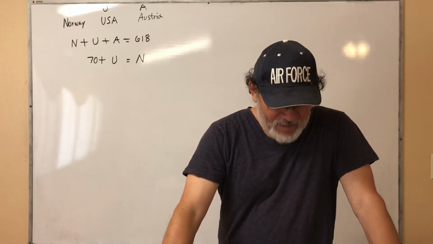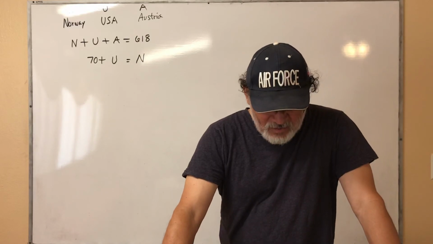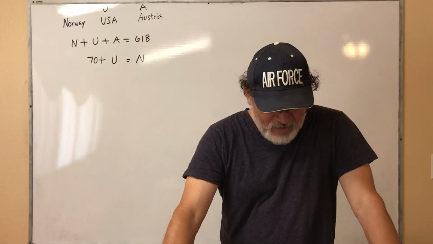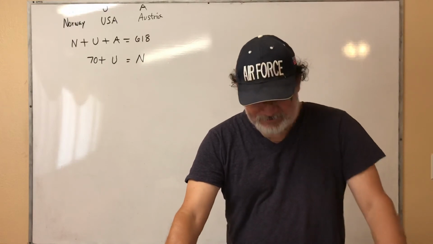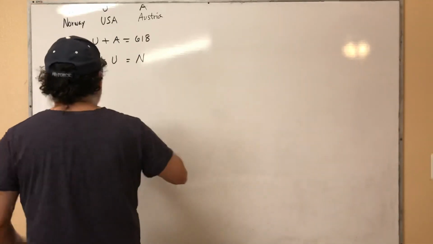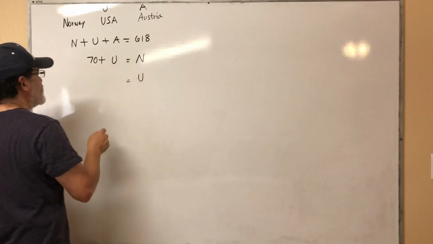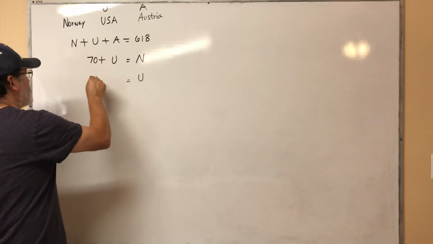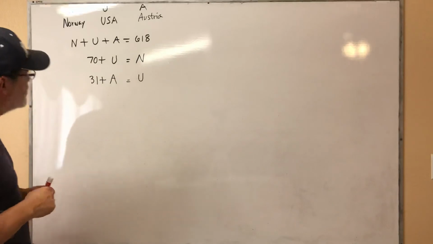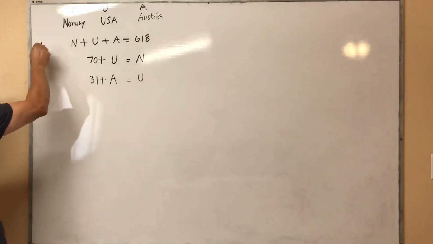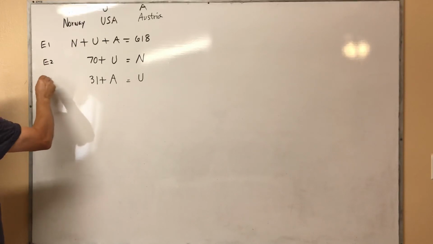And the US medal count is 31 more than Austria. So the US of A, that's U, is 31 more than Austria. There you go. So this is equation 1, equation 2, and equation 3.